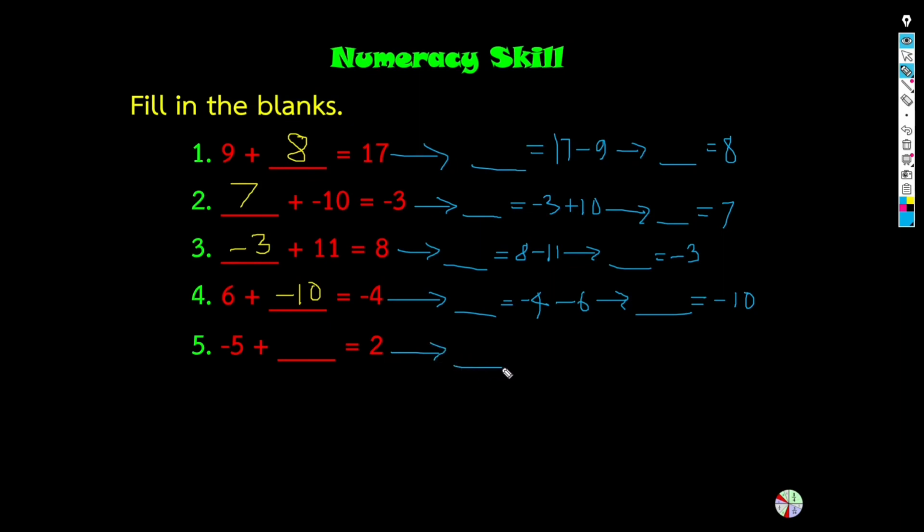The blank is equal to 2. Then negative 5 transposes to the other side as plus 5, so the blank is equal to 7. Therefore, the answer here is 7. That is the numeracy skill in this part of the exercises.